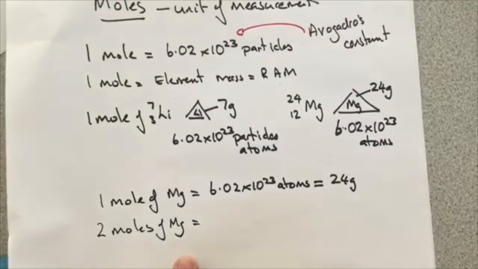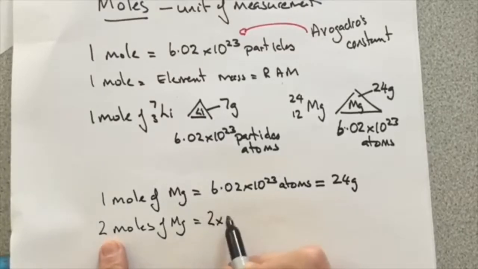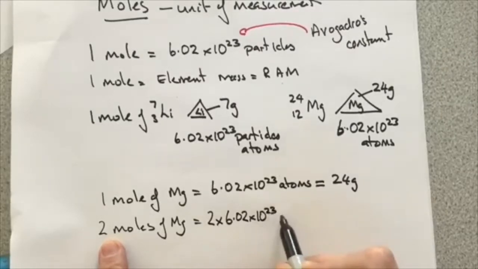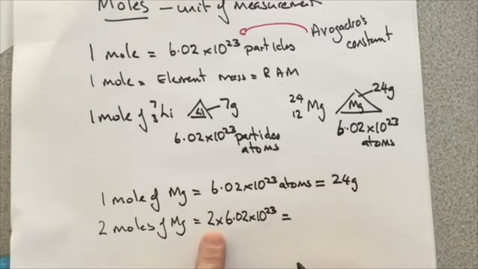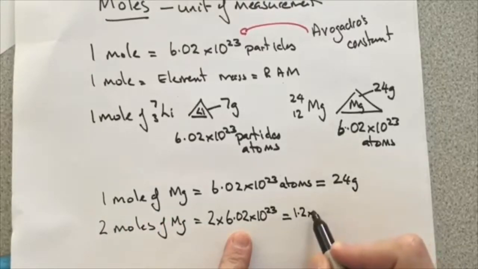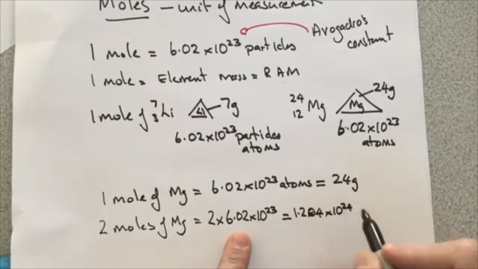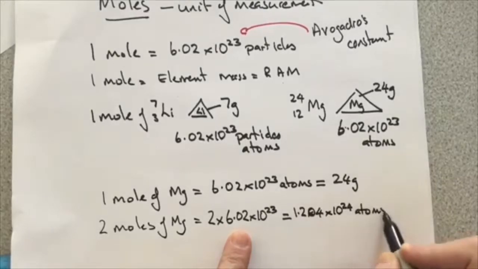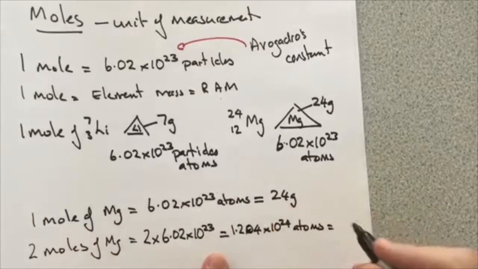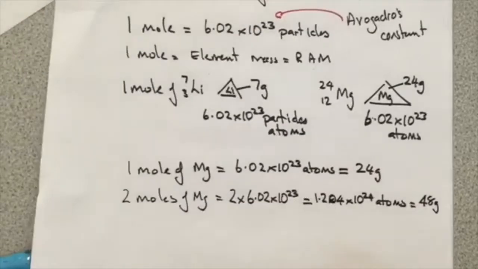What I've got to do, hopefully you've recognised, is because this is now 2, it's 2 times 6.02 times 10 to the 23. If I work that out, I'm doubling it because this is double, I'm getting an answer of 1.204 times 10 to the 24 atoms. And same logic, because 1 mole is 24, 2 moles is going to become 48 grams. So we double this up.